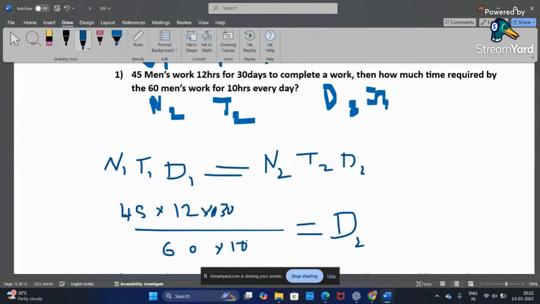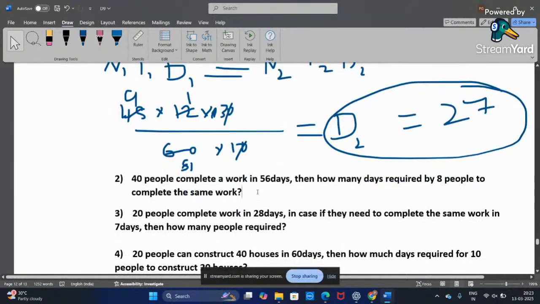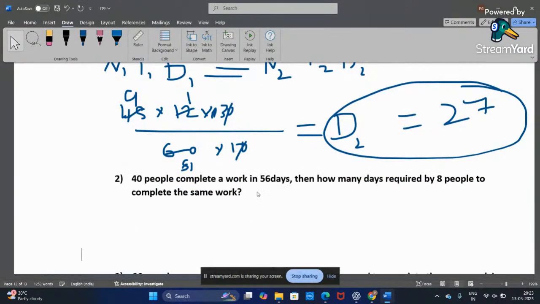So cancel this. 12 ones are 12, 5 nines are 45. So 9 into 3 it is 27. So D2 is 27 days. This is how you are going to solve type 2 problems. Okay. You solve this. This is a very easy sum.